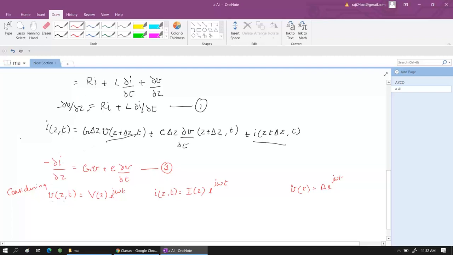So in my equation number 1, in the place of V, I have to substitute this. So what happens to my equation now? If you want, just name these as 3 and 4, and for simplification, we substitute 3 and 4 in 1 and 2.